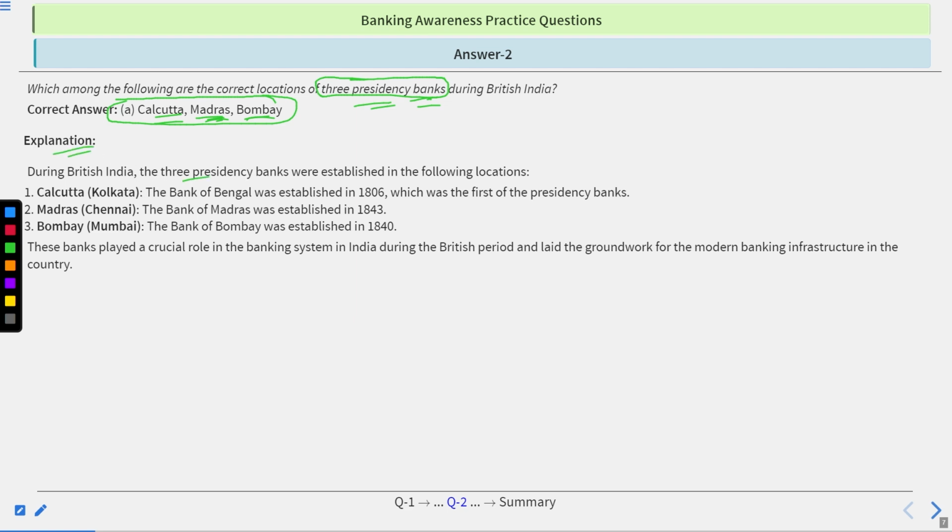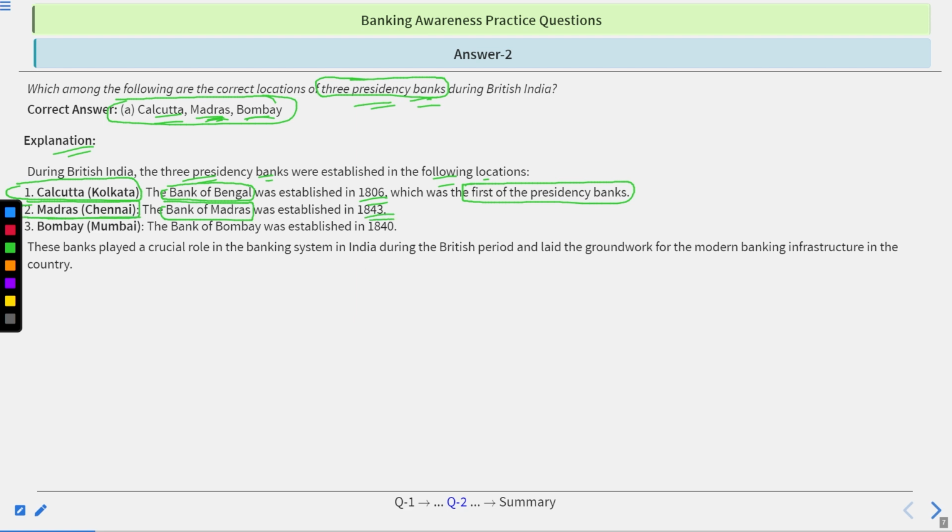During British India, the three Presidency Banks were established in the following locations. First is Calcutta or Kolkata. The Bank of Bengal was established in 1806 and that was the first of the Presidency Banks. Madras or Chennai: the Bank of Madras was established in 1843.